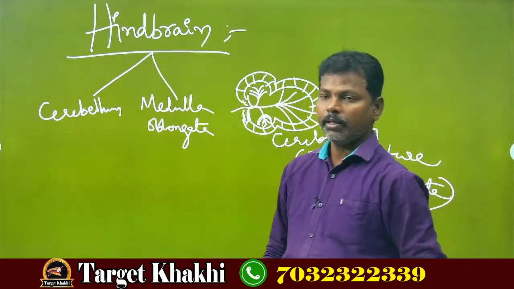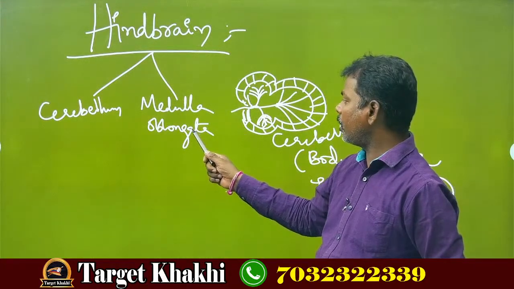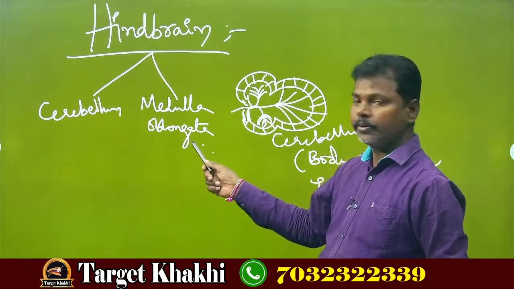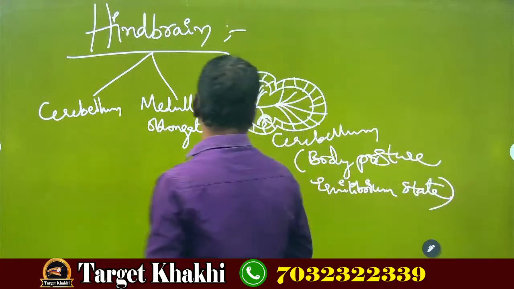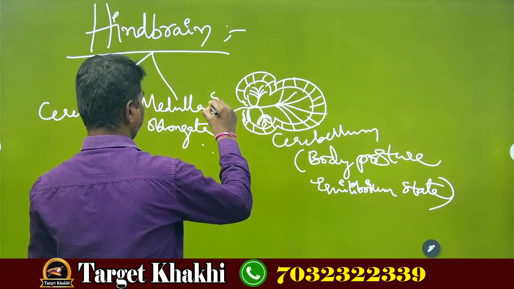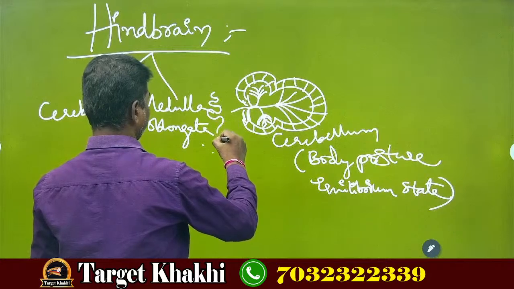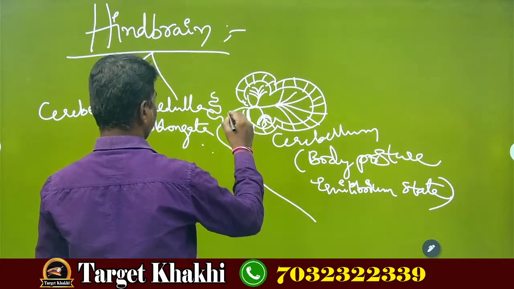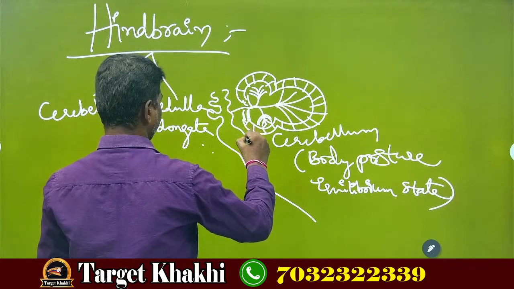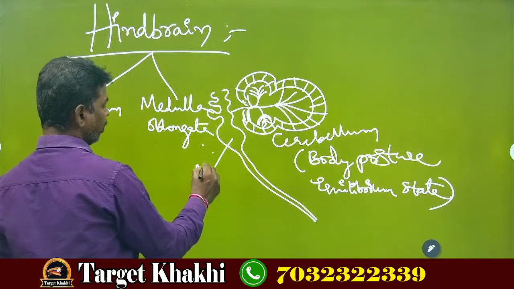Next, the last part of the hindbrain is medulla oblongata. What is medulla oblongata? I already drew it here in the brain. This is called medulla oblongata.